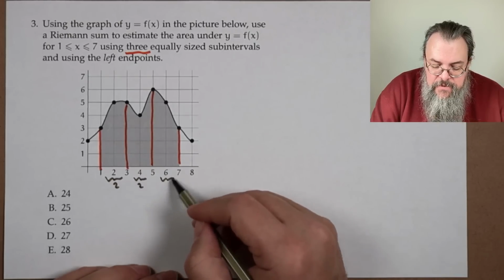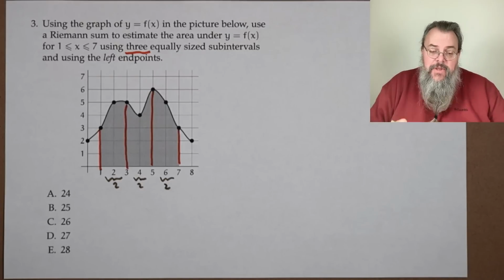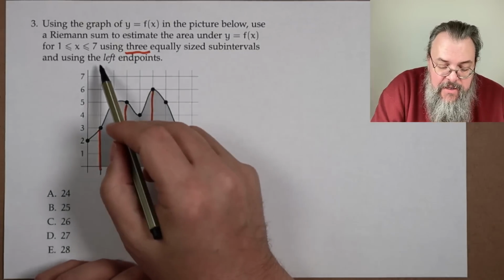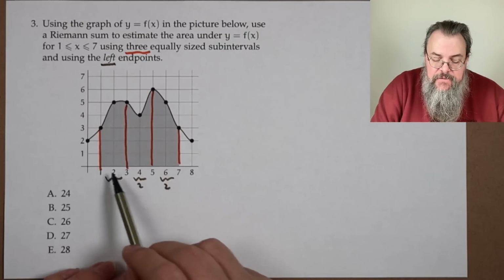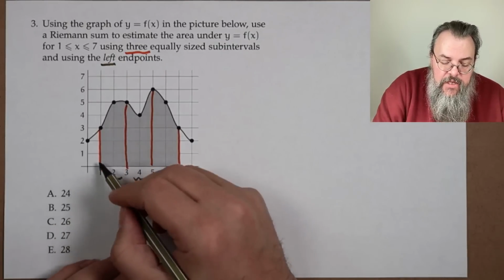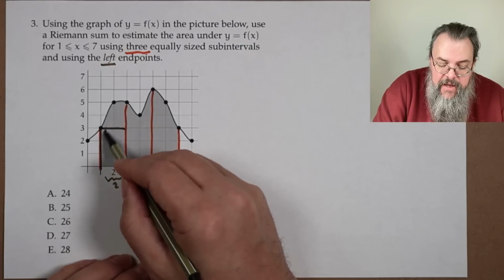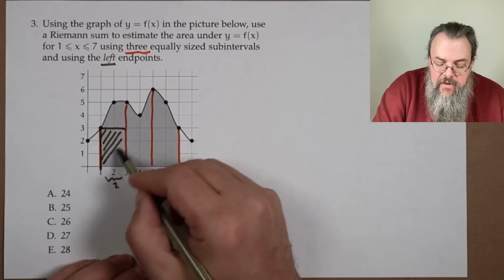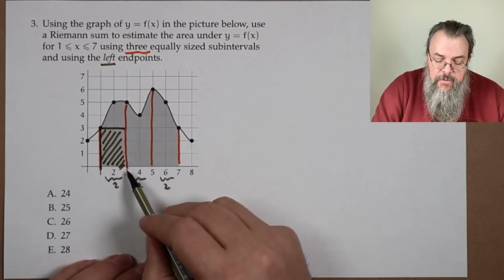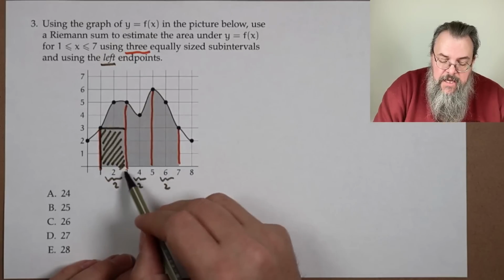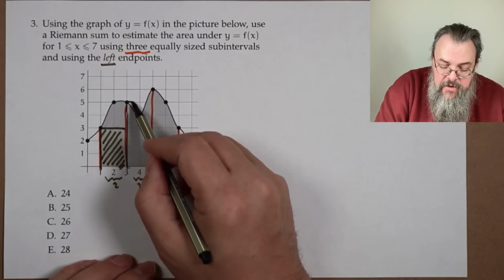Now, for each interval, we have to get a height. So how do we get a height? Well, that's where they're going to specify. So here it's telling us to go with the left endpoint, which means for each interval, we're going to go to the left endpoint and say whatever the height is, that's our rectangle. So there we go. There's the rectangle that estimates the first part. Between 3 and 5, we're going to go to the left, and we're going to use that height. It's going up and across.